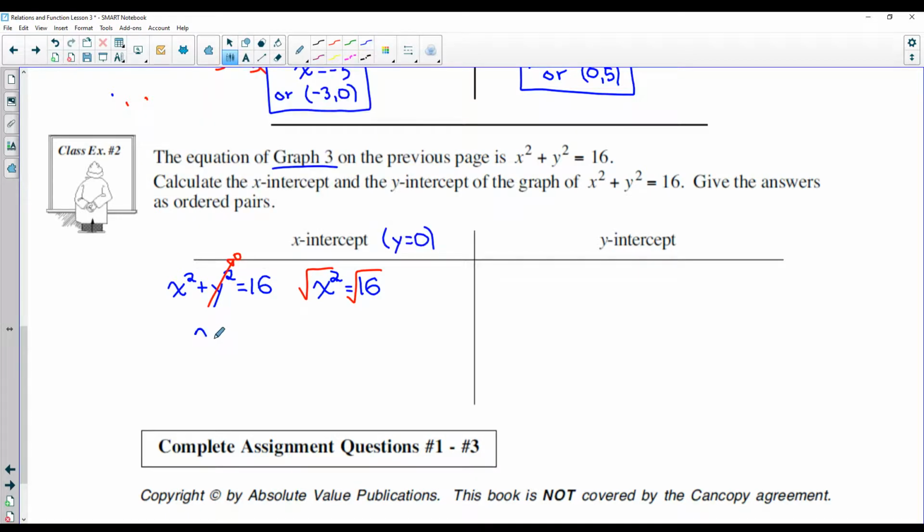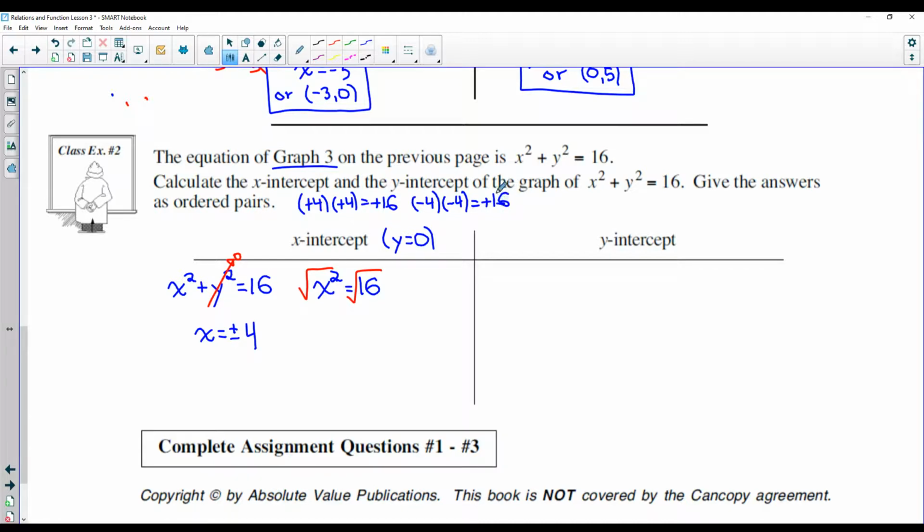It turns out the square root of 16 can actually be either positive or negative 4. Because positive 4 multiplied by positive 4 would be positive 16. But also, if you have negative 4 times negative 4, a negative times a negative is a positive, so that would be positive 16.